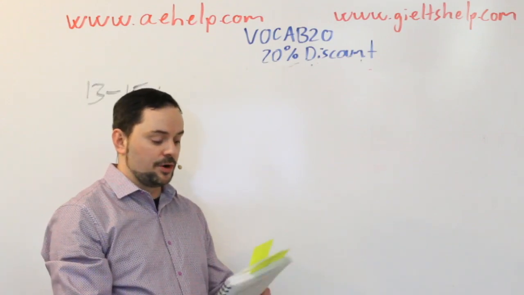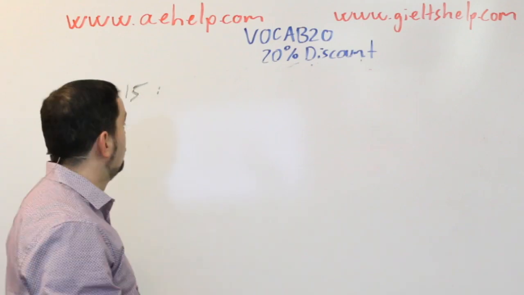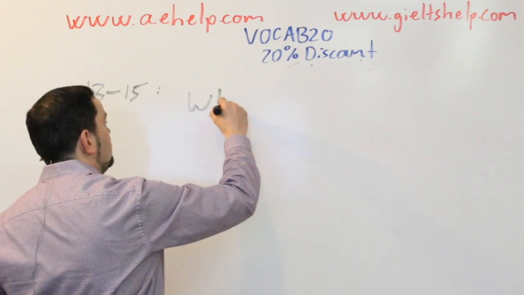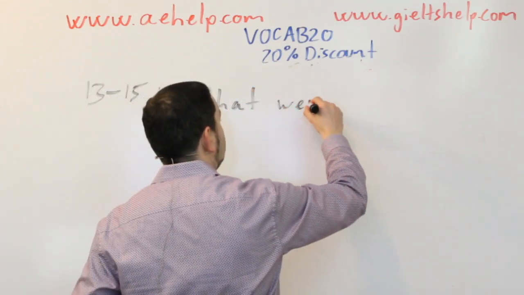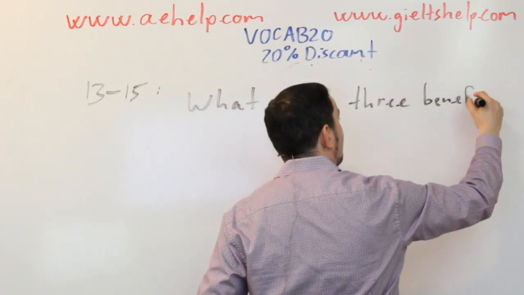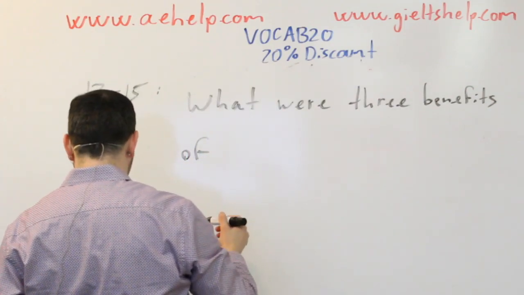This one's actually worth 3 marks, and it says choose 3 letters. So there are 3 answers that you're looking for here. So this is an important question. So what were 3 benefits of a first class ticket?